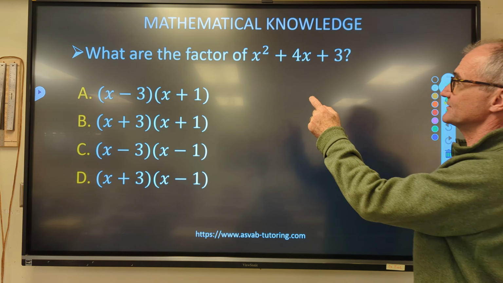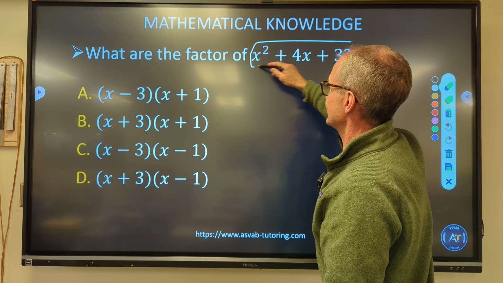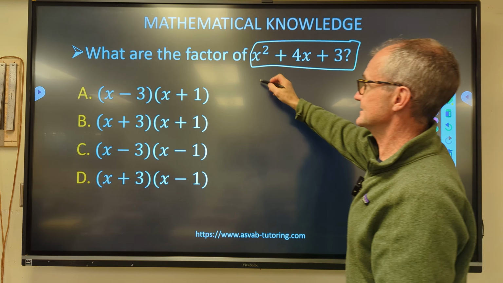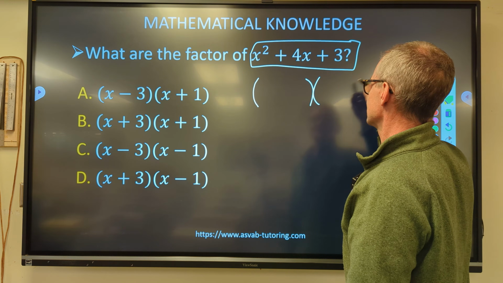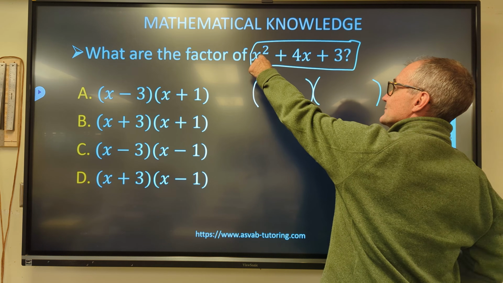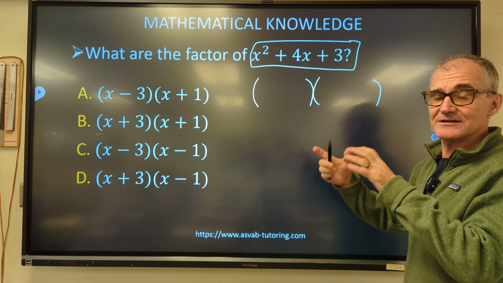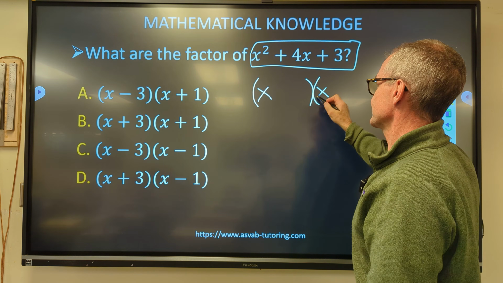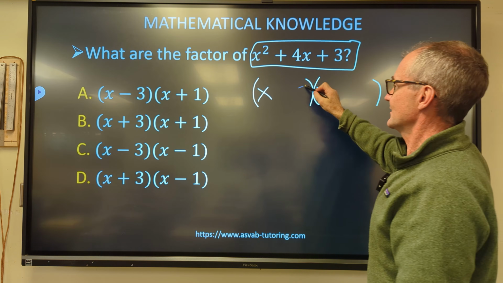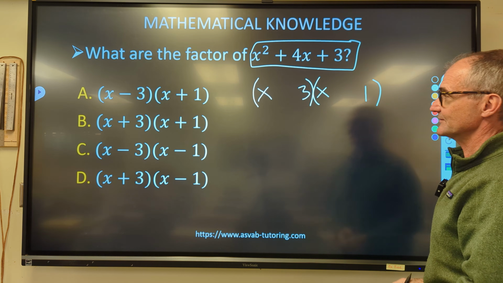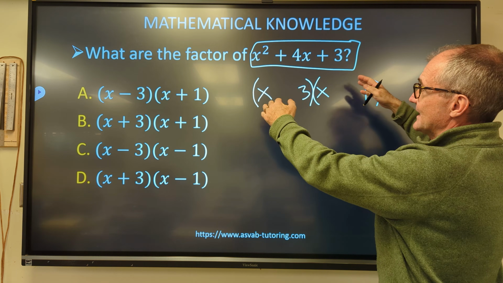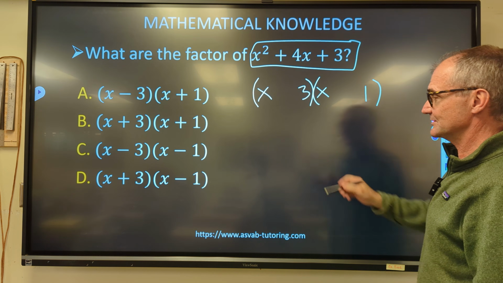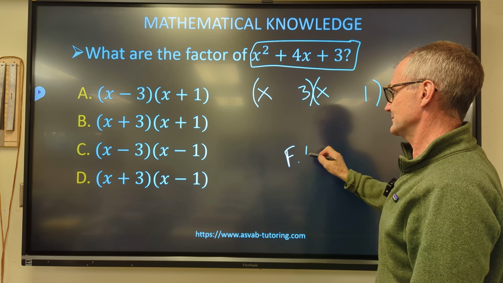Okay, next problem. What are the factors of this quadratic right here? The reverse of factoring is multiplying them together, and the mnemonic device we use to remember it is FOIL.